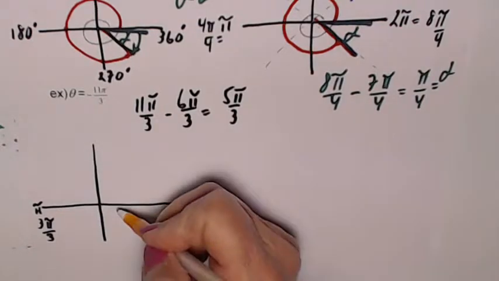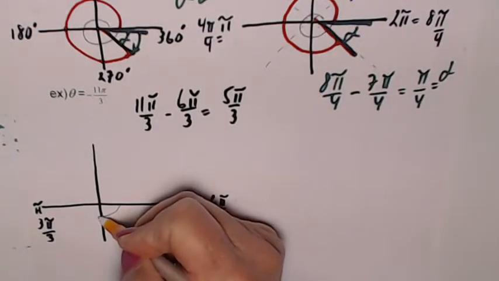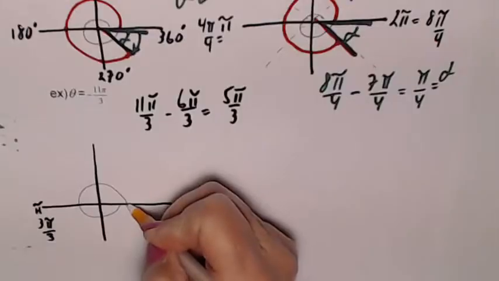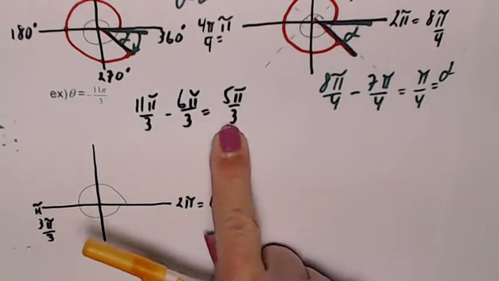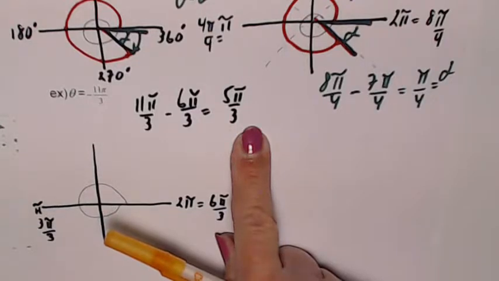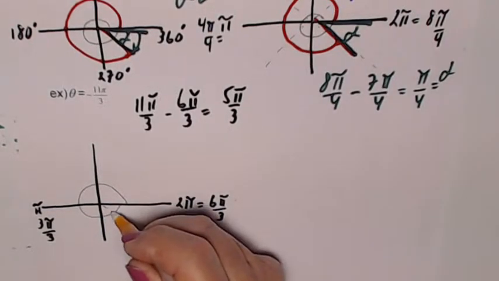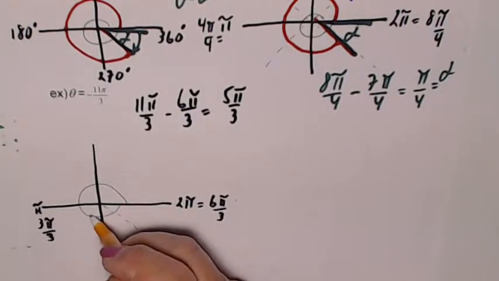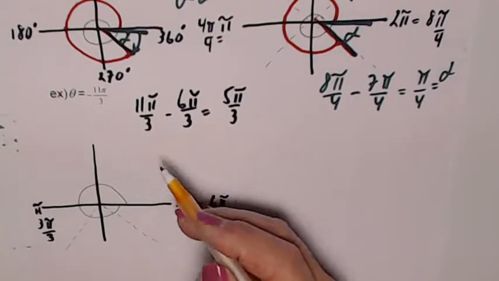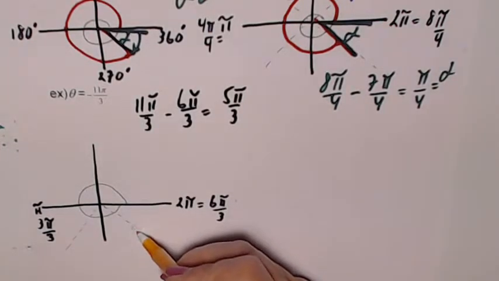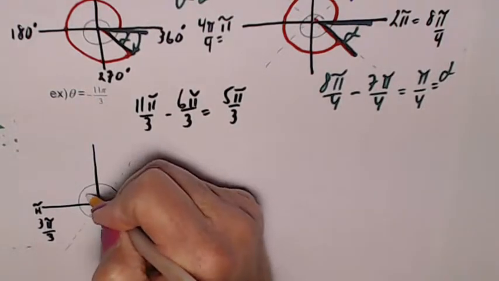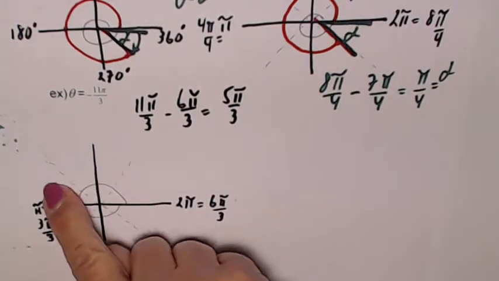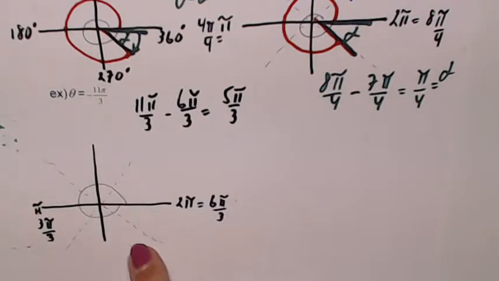So here we would start here. There's one complete rotation there. There's our 6 pi over 3. And now we're going another 5 pi over 3. So if I were to try to divide this up into thirds, here's 1, 2, 3. My thirds aren't so great. Let's see if I do better up here. 1, 2, 3. So I've divided my pi up into 3.